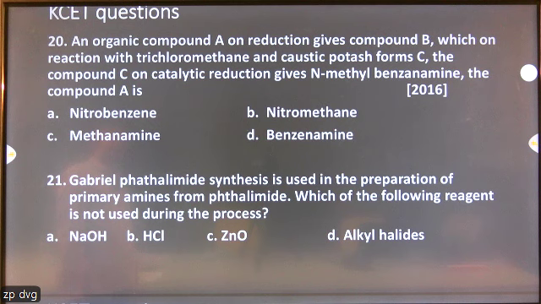The compound A is, there are four options: A nitrobenzene, C methanamine, B nitromethane, and D benzenamine.